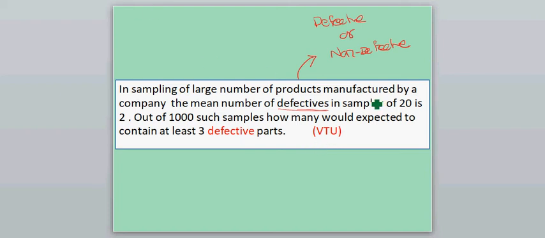Now coming to the data given, out of 20, 2 is defective. Out of 20 products selected, 2 is defective. Observe, probability p-value is not given, and this is a mean number of defectives. So they mentioned mean number of defectives in 20 samples is 2. So what we can write in this case, first of all, what is the given data?